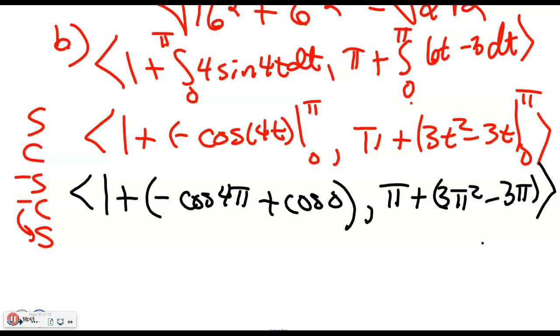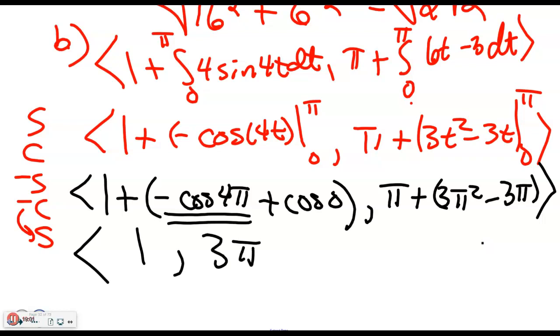Back over to the left-hand side of the screen. Wow! What's negative cosine 4 pi? Negative 1. Plus 1. I'm just at 1. Oh, all that work. I only ended up at 1. And then over here, it looks like I'd be at 3 pi squared minus 2 pi.